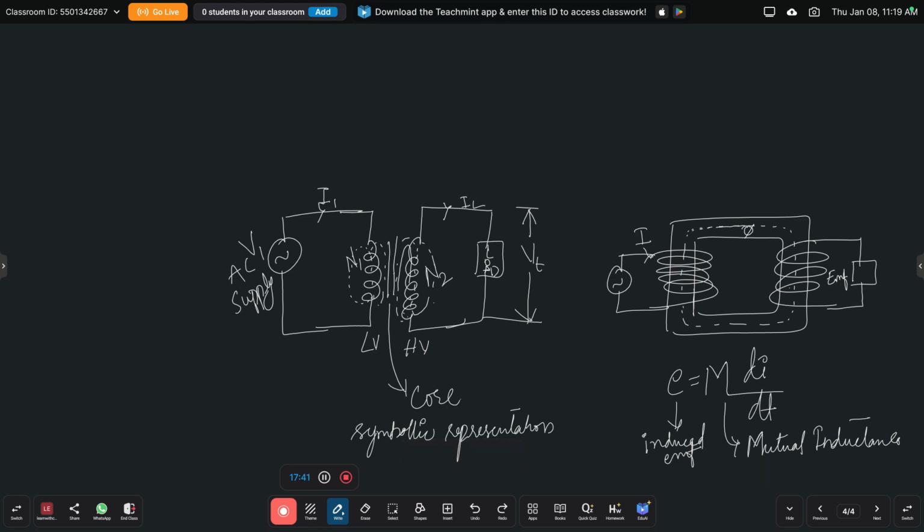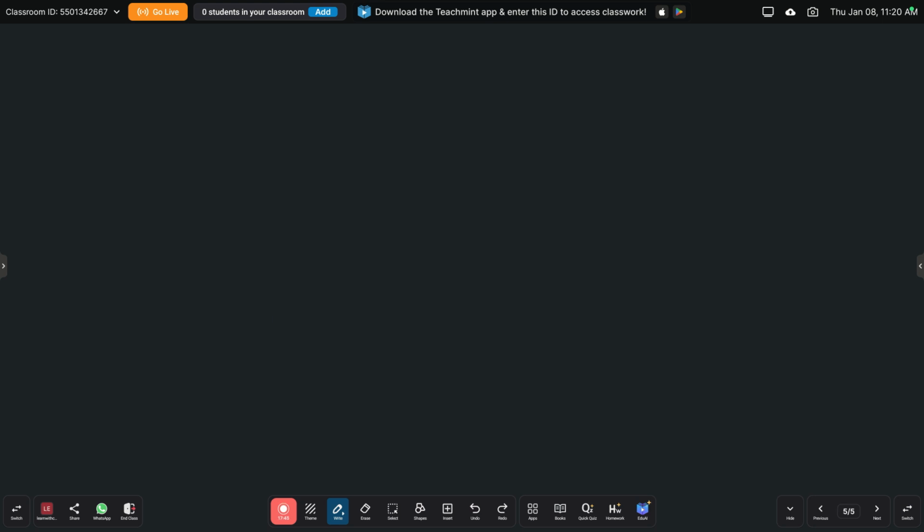Now we have to know, in a transformer we give the AC supply only. May I ask the question: can DC supply be used for transformers?